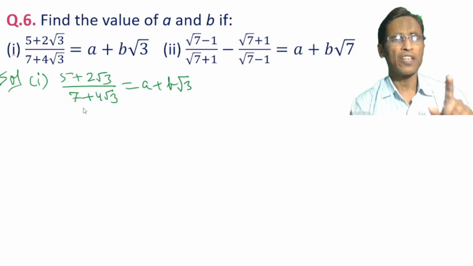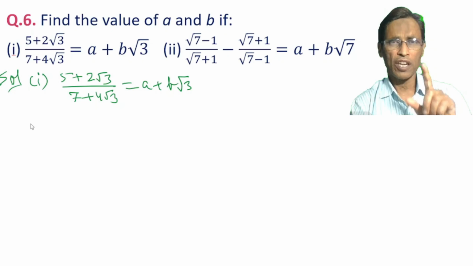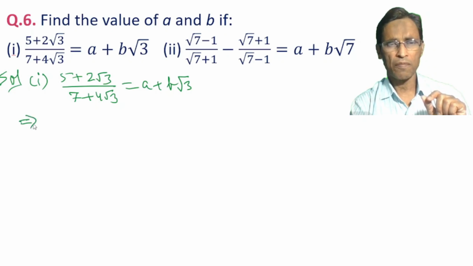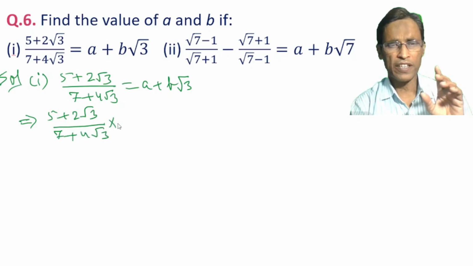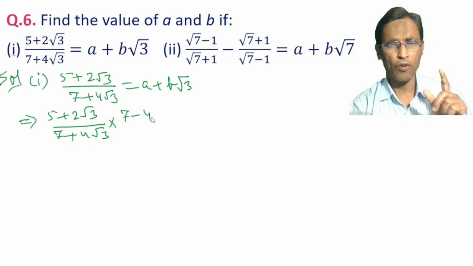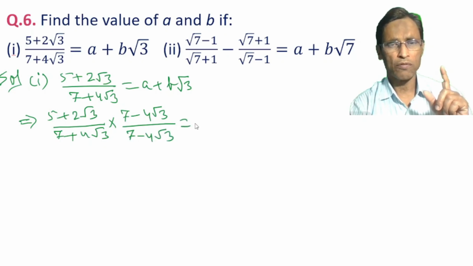Clearly, the denominator of the LHS part is irrational. Therefore, it should be multiplied by its rationalizing factor to rationalize it. Therefore, now we proceed. (5 plus 2 root 3) by (7 plus 4 root 3) multiplied by (7 minus 4 root 3) by (7 minus 4 root 3) equals a plus b root 3.